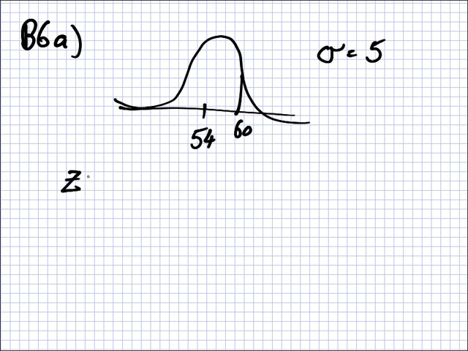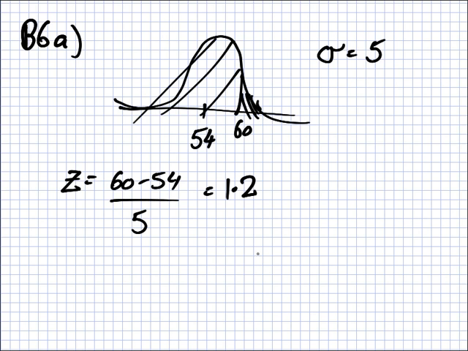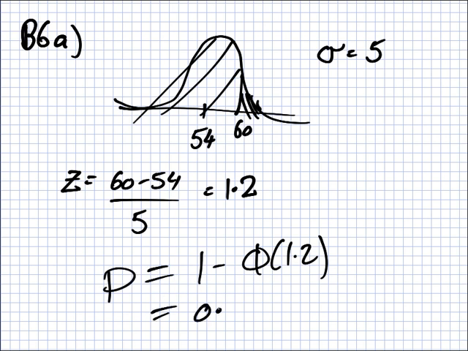So we have to do z equals 60 minus 54 over 5, which is 1.2. And that gives us this area. But is that the area we want? The formula book gives us this area, so it's not 1.2, but instead 1 minus. The answer is 0.1151.